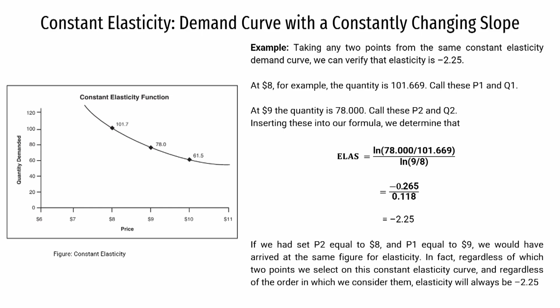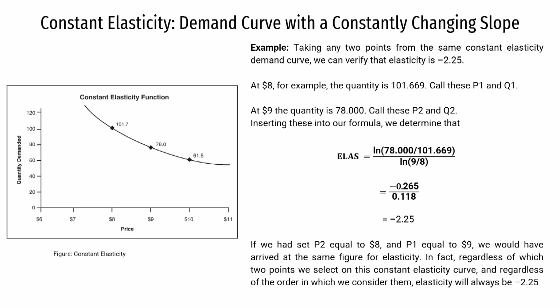For this demand curve, let us say at $8 the quantity is 101.669, and let me call it price point P1 and quantity point Q1. At $9 the quantity is 78, and let me put it as price point P2 and Q2. So, inserting these values into our formula, what is my quantity demanded? Q2 is 78, Q1 is 101.669, P2 is $9 and P1 is $8.